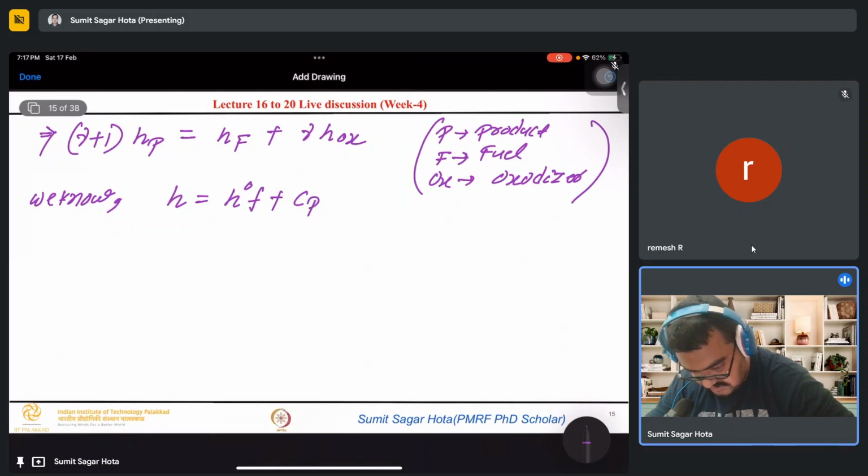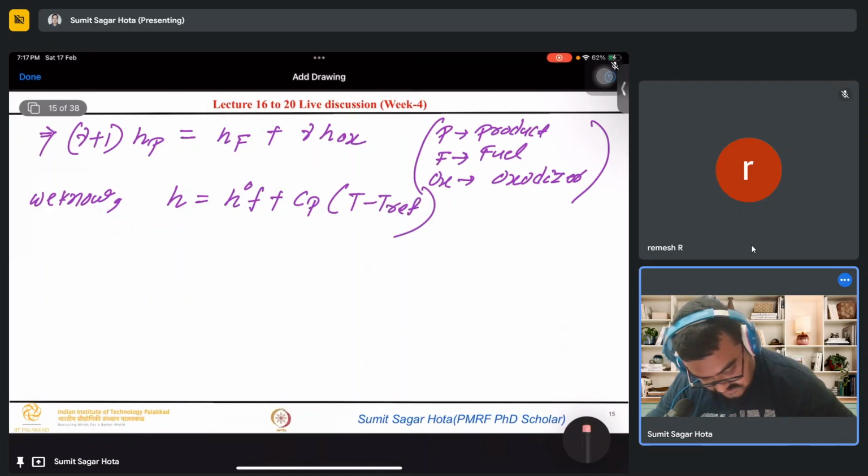So h0F is your enthalpy of formation, then Cp (T minus TREF) is your sensible enthalpy. So now we just have to convert into that form: just replace H with h0F plus Cp (T minus TREF).